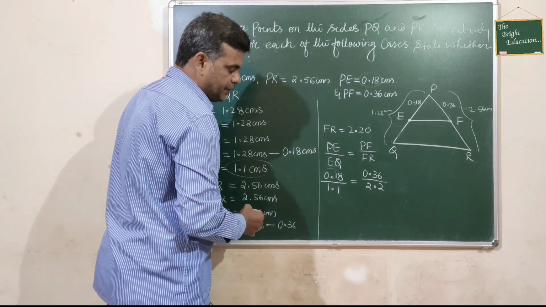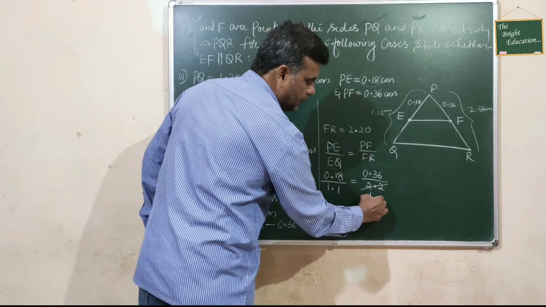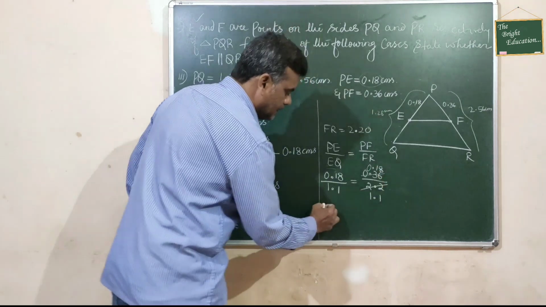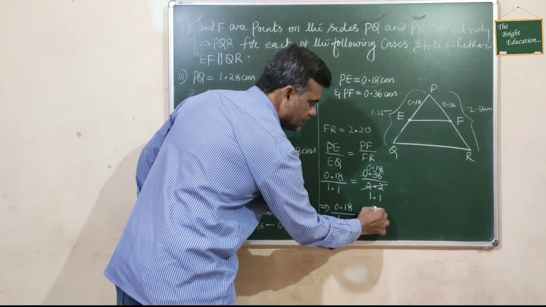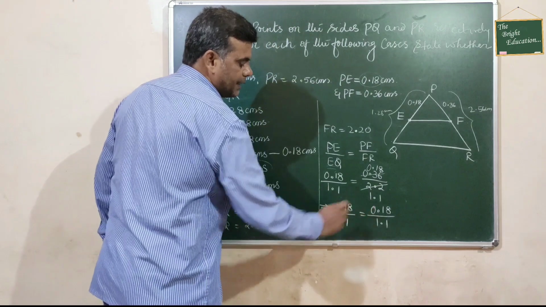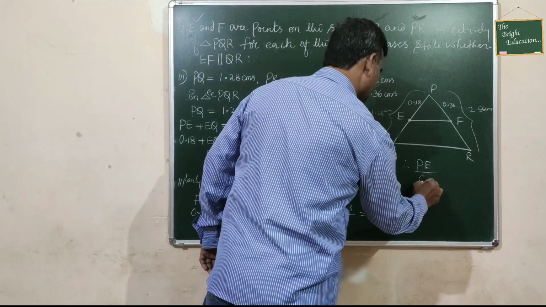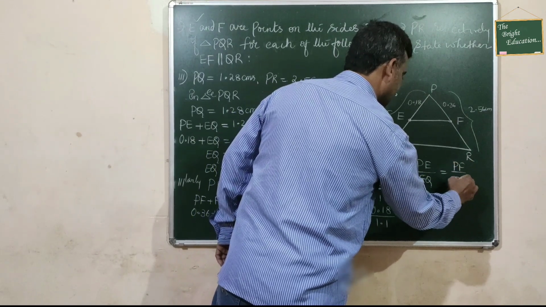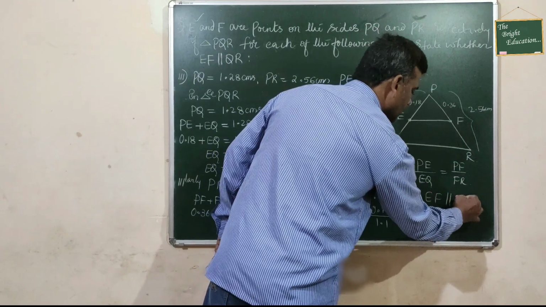As we know, this is divisible by 2, so 0.36 divided by 2.2 becomes 0.18 divided by 1.1. This implies 0.18 by 1.1 equals 0.18 divided by 1.1. Since the ratios are the same, therefore PE by EQ is equal to PF by FR. This implies EF is parallel to QR.